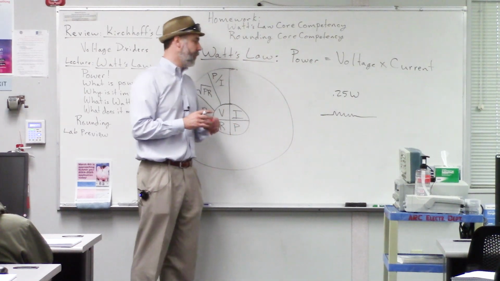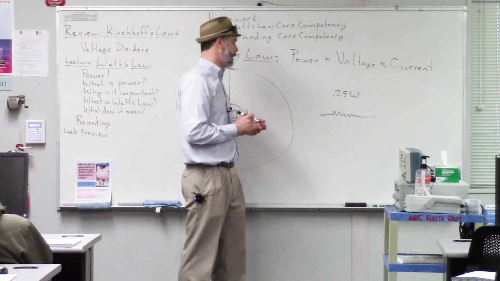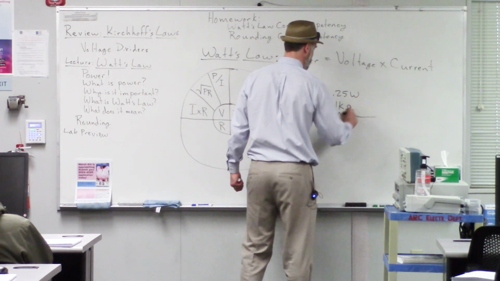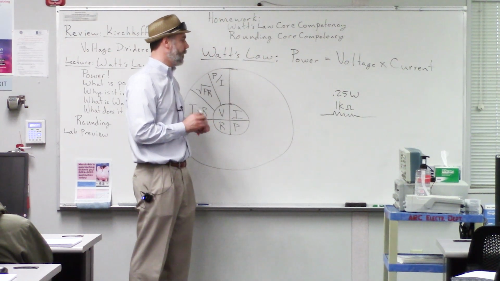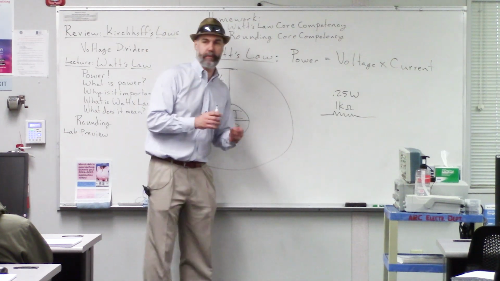Imagine that we have a 1 kilo ohm resistor, it can handle up to 0.25 watts, and we want to know how much voltage we can put across that resistor.